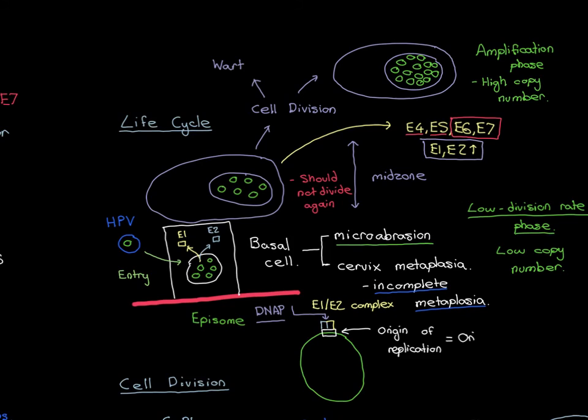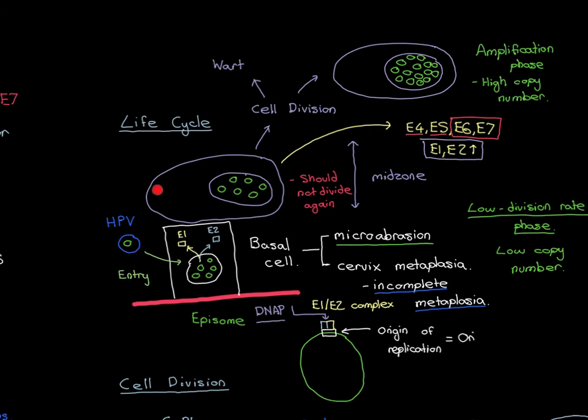Okay, so let's summarise where we've got to then. We activated the E7 protein that activated the S-phase genes within the host cell, and this forced the host cell to divide against its will. It should have been differentiating, it should not have been dividing again, but now the differentiation process has been halted, and now these cells in the midzone with virus inside them are just dividing and dividing and dividing, and every time they divide, a huge number of viral genomes are being produced.